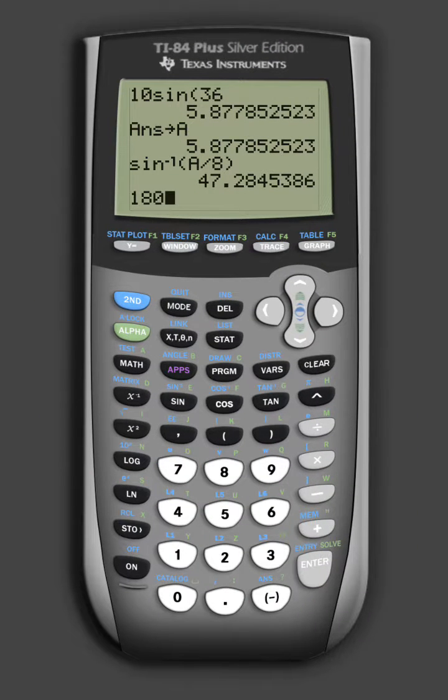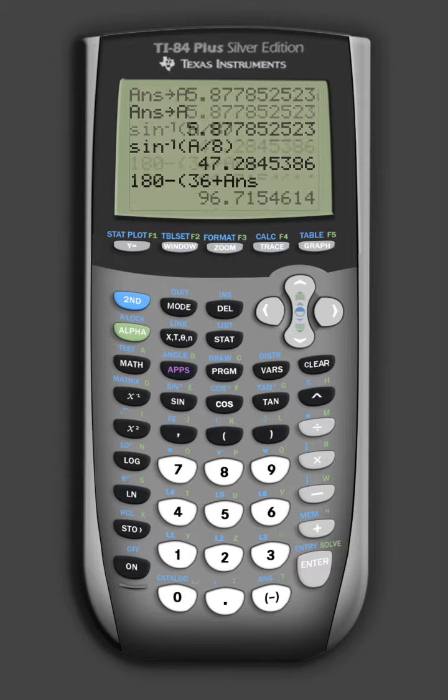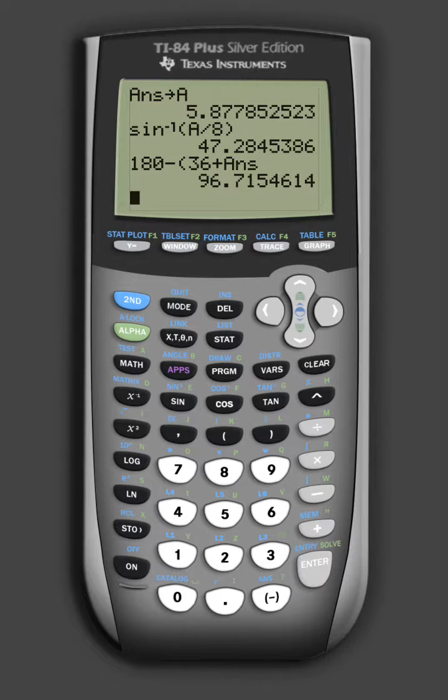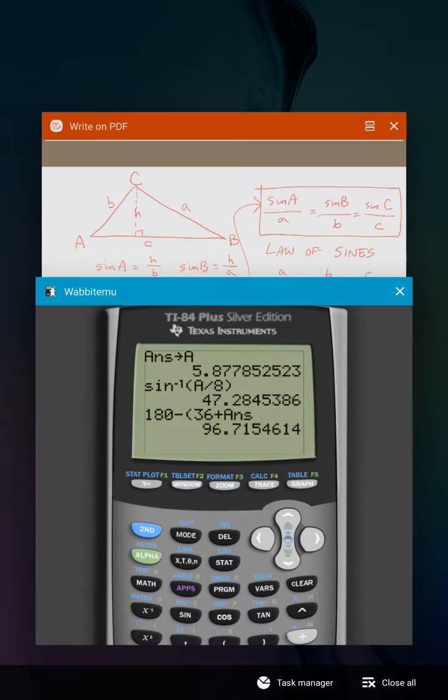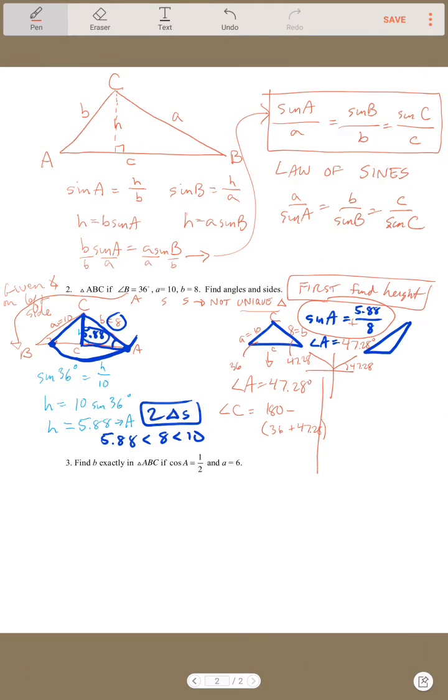So we do 180 minus 36, plus that given answer, the second answer. Like that. And we get 96.715. So that's going to be our angle C. Let's just call it 96.72 degrees. And that way it adds up to a nice 180 degrees, since 0.72 and 0.28 give us a nice whole number there.